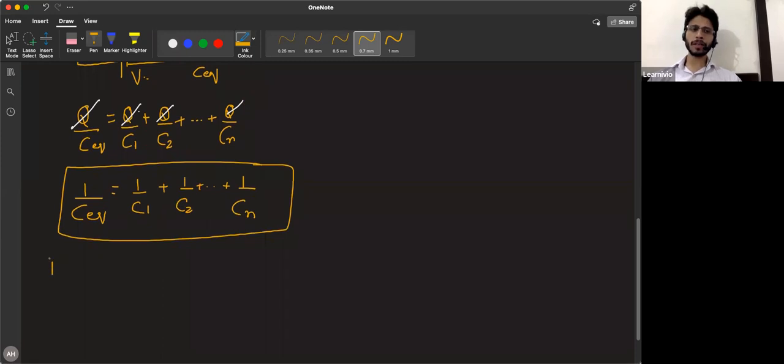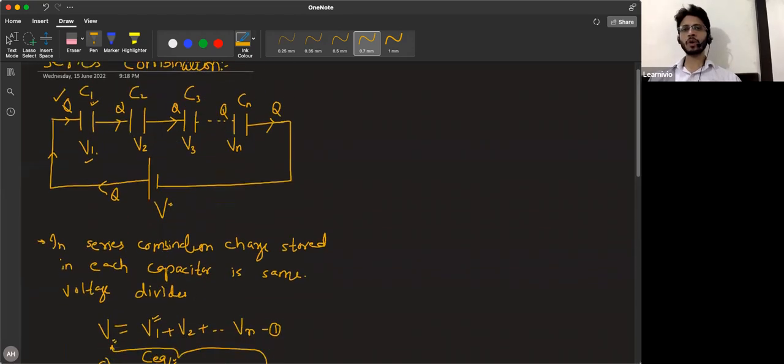If you have two capacitors, you can derive a shortcut method: C equivalent is C1 C2 by C1 plus C2. This will save some time.